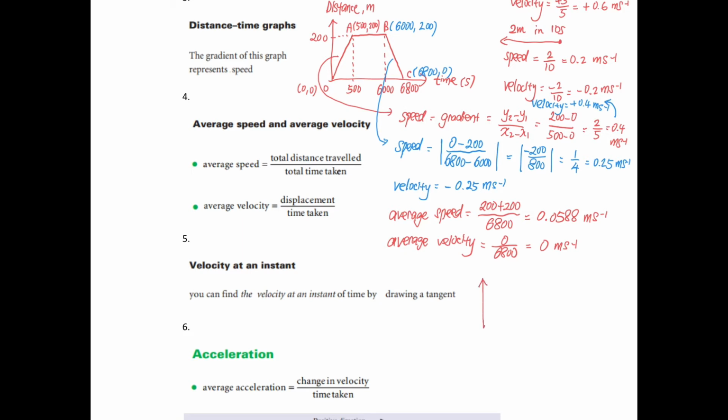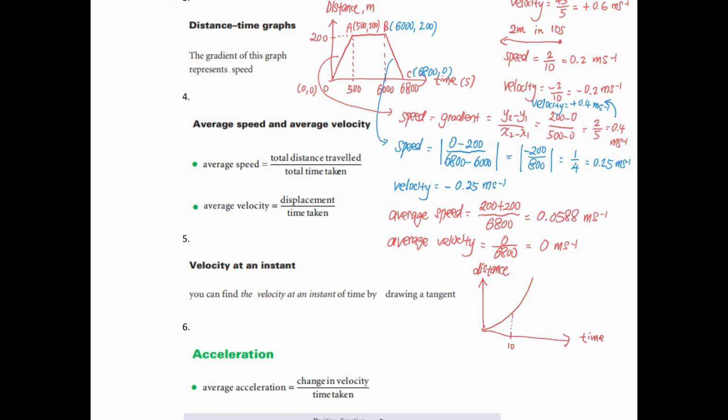But when it comes to a curve, let's say this is distance versus time, and you have a curve. This curve means acceleration happens. Let's say the car is accelerating, it's moving faster and faster. If you want to find out the velocity at an instant, let's say at 10 seconds, how fast is the car?